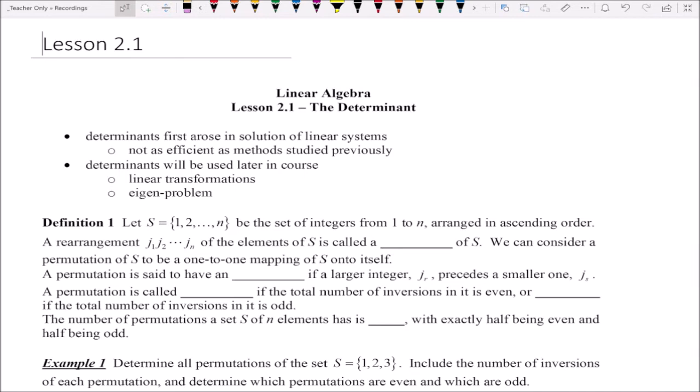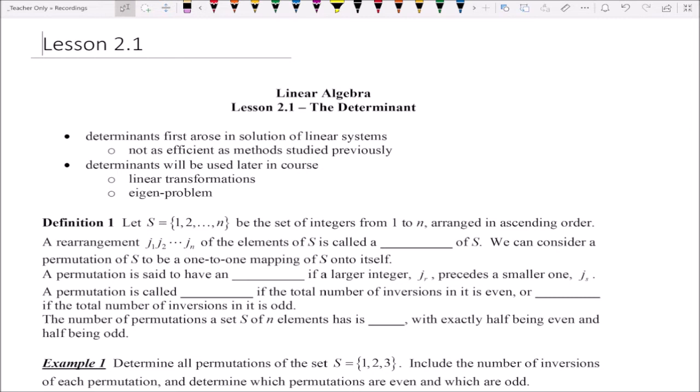Now, before we can define what a determinant is, we need another concept. This is the concept of a permutation. So we let S be the set of integers 1, 2 through n arranged in ascending order.